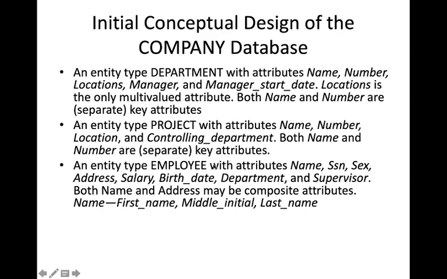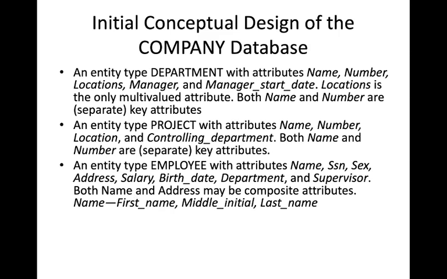Then we have entity type employee, and these are the attributes of that employee: name, social security number, sex, address, salary, birth date, department, and there will be a supervisor for each employee. Both name and address may be composite attributes. They can be stored as composite attributes or simple attributes. You can store name as a single field, or you can split that name into three different fields.